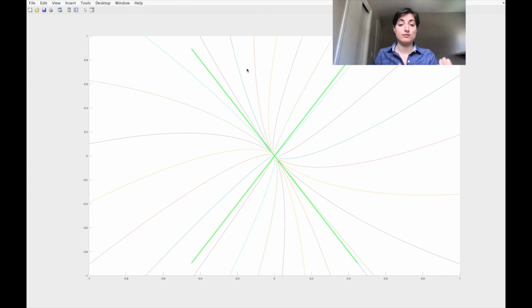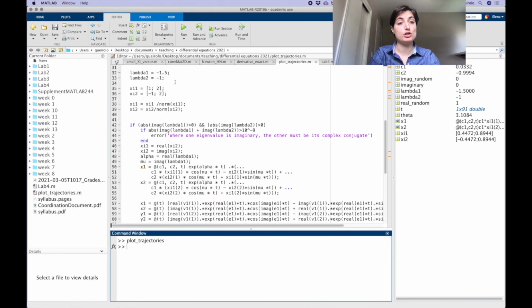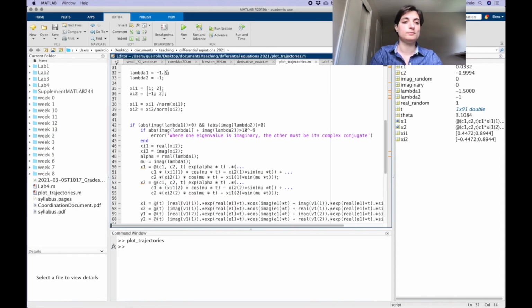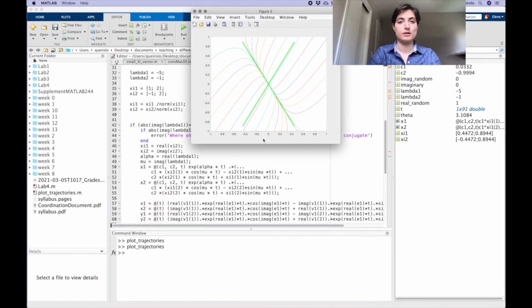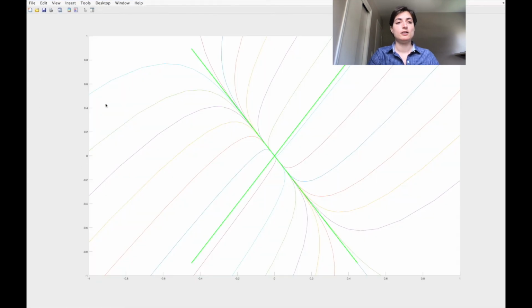And because the eigenvalues are quite similar, what you see is that they're bending towards the slow eigenvalue and eigenvector, which is not very steep. But if I were to change one of the two lambdas to be much smaller than the other, then you see that the dynamics is much more squished towards one of the eigenvectors with respect to the other.